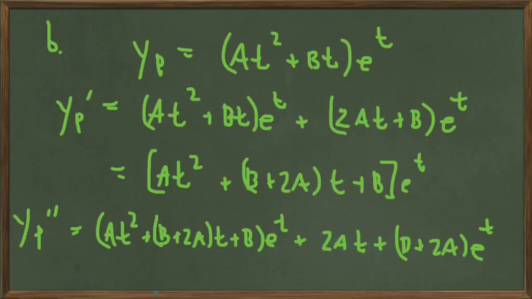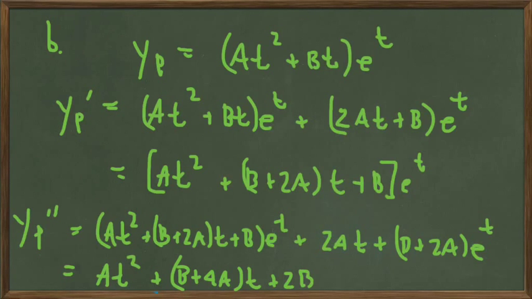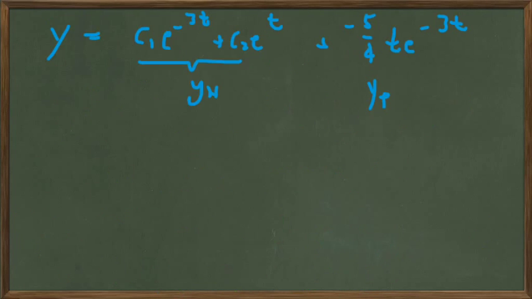And if we combine that together, we get what? at squared plus b plus 4a times t plus 2b plus 2a, e to the t. So you can see when we combine all this together, we're multiplying what?